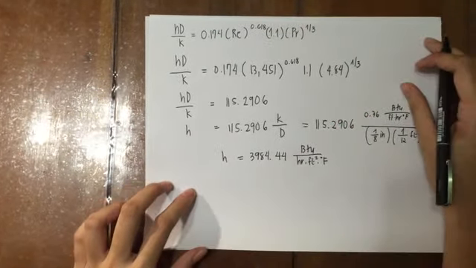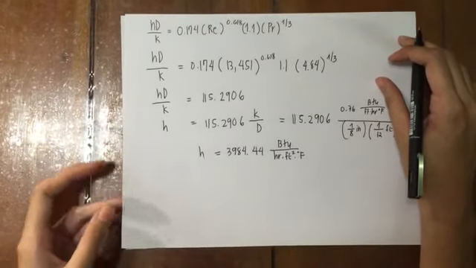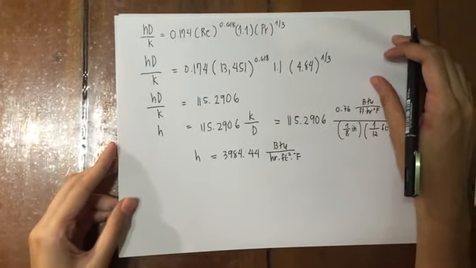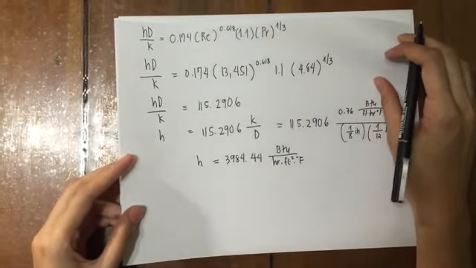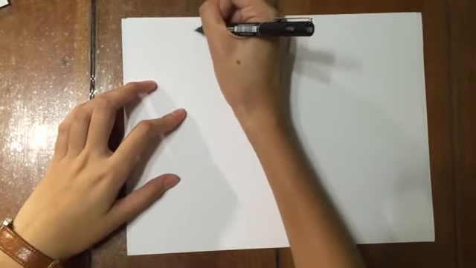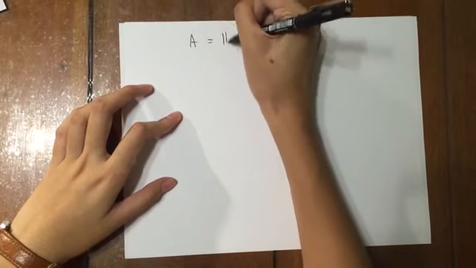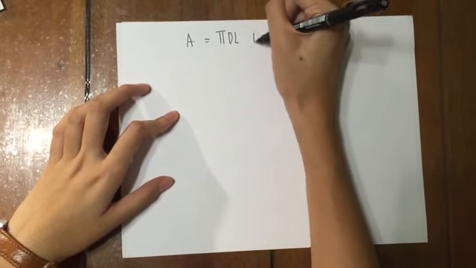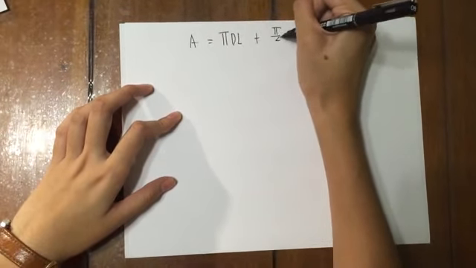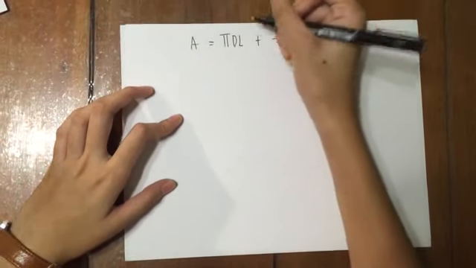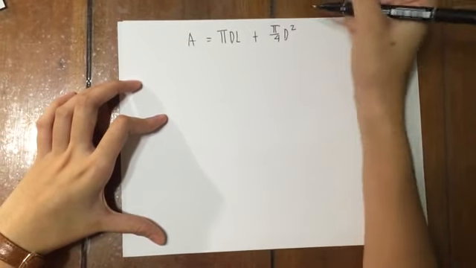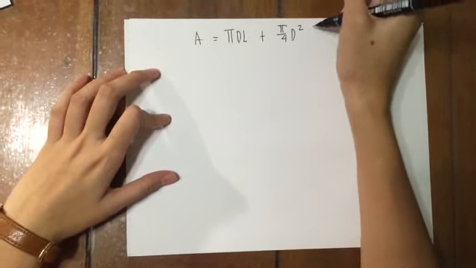To solve for the time constant, we must first find the surface area of the bulb and also the mass of the mercury. So the area A is equal to pi dL plus pi over 4 d squared. The pi dL is for the cylinder part of the bulb, and the pi over 4 d squared is for the circle part.